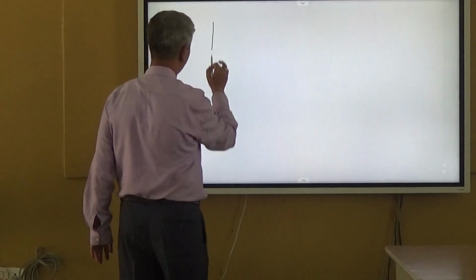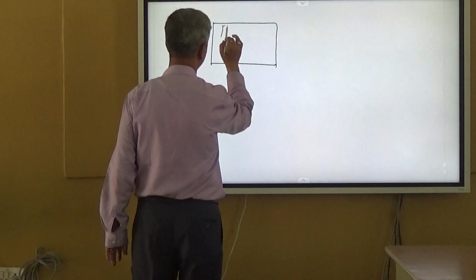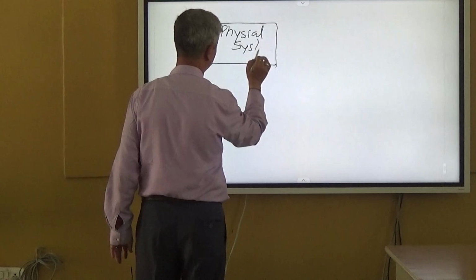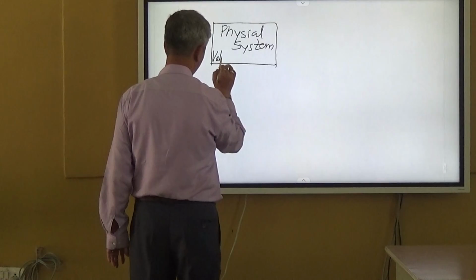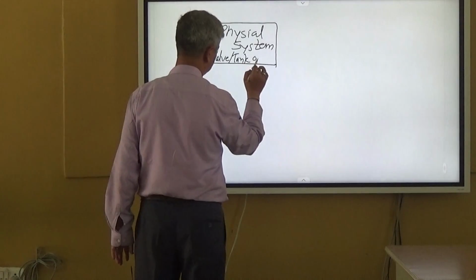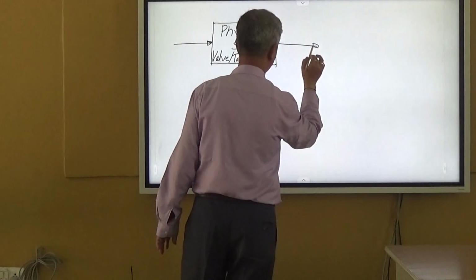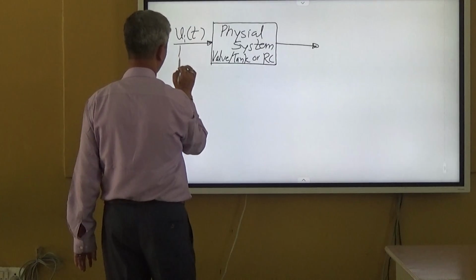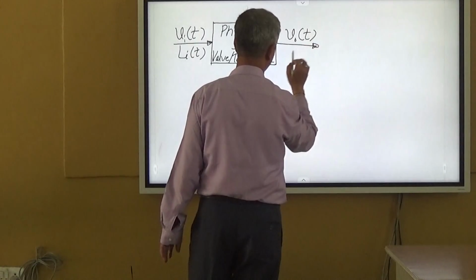So what we have is some physical system here, like a ball tank or an RC circuit, to which an actual input is given, either VIN(t) or LIN(t), and we actually get the output VOUT(t) or LOUT(t).